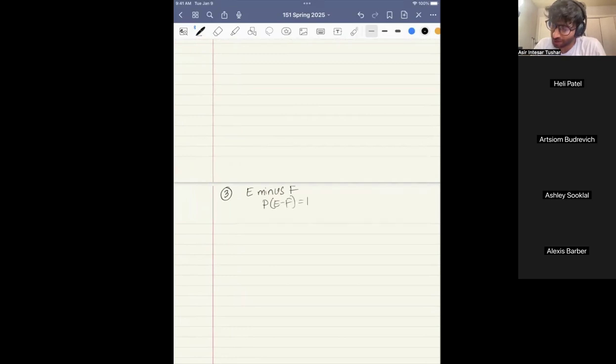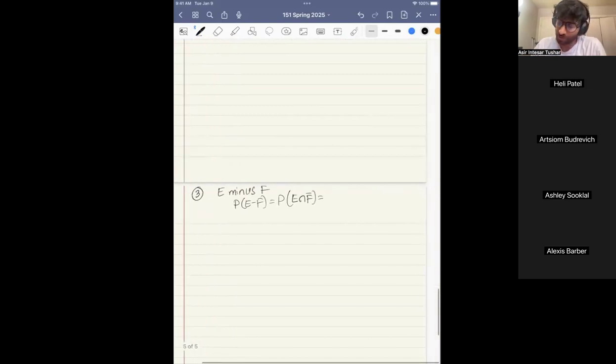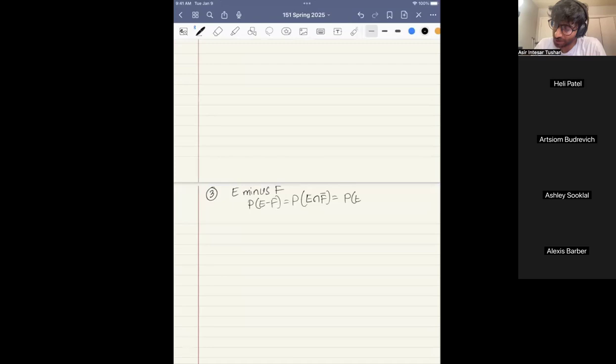We have shown that E minus F is also E intersection F complement, which equals P of E minus P of E intersection F. So this is another property.